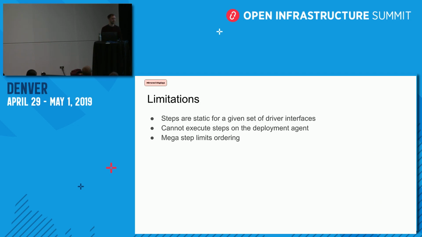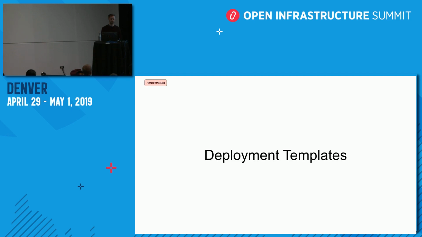There are some limitations to this feature at the moment, because for a given set of driver interfaces, i.e. for a given node, the steps are static. There's no way to influence at deploy time which steps are executed. You currently can't execute any steps on the deployment agent, the IPA RAM disk, and the use of a single mega step limits the ordering, so you can only add things before or after.